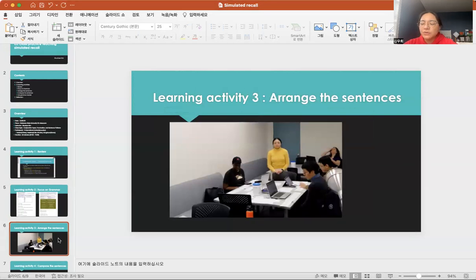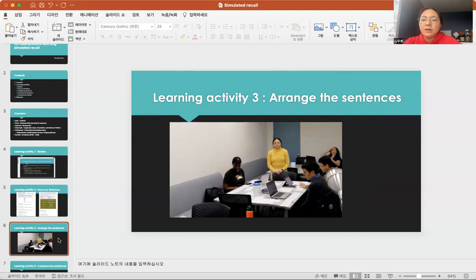And I continued with students arranging sentences by themselves. I gave them flashcards, cards of clauses, commas, and periods, and I gave them directions: make a sentence using the conjunction that I gave.